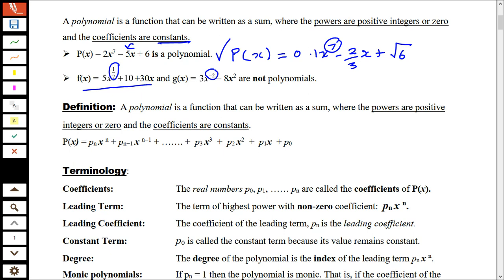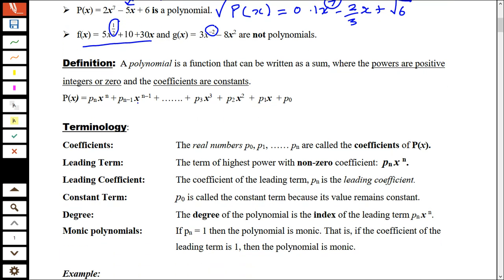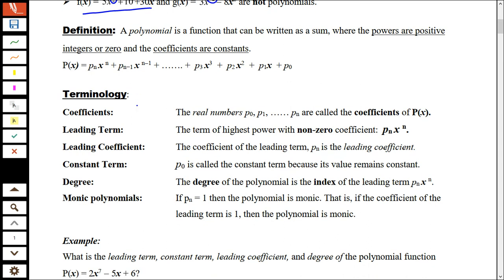Right, so that brings us to a definition that we can write for a polynomial in general. So a polynomial is a function that can be written as a sum, but the powers are positive integers or 0, and the coefficients are constants. Now, when we're talking about the coefficients, we're talking about the term in front of the pronumeral term.